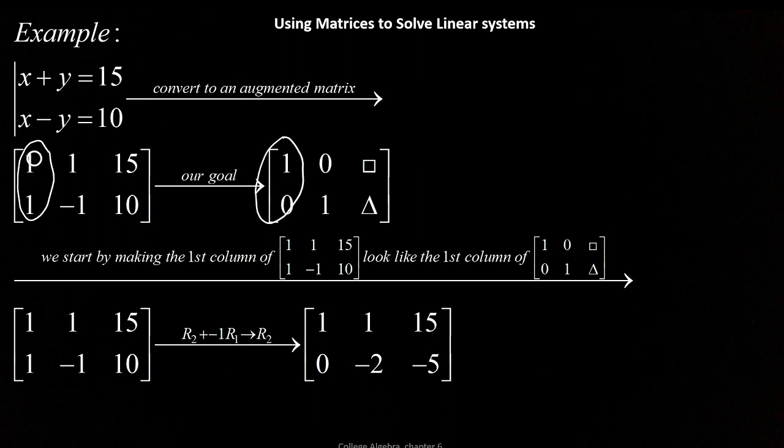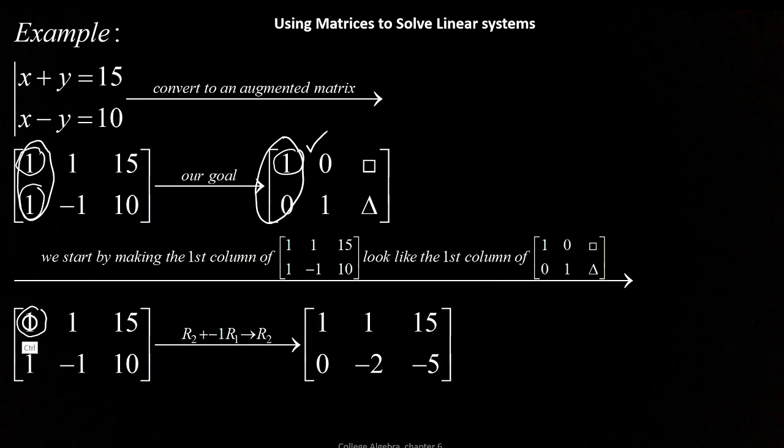That means first I have to make this number 1 if it's not 1, and then I have to use it to make this 0 using row operations. All right, so let's just start. So first we want to make this look like that. So the first step is done. This 1 looks like the one that we have here. So that's done. Check.